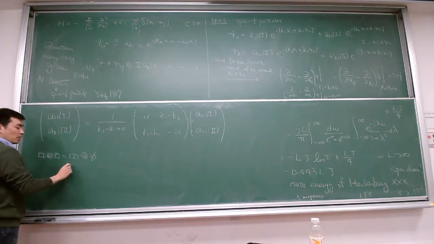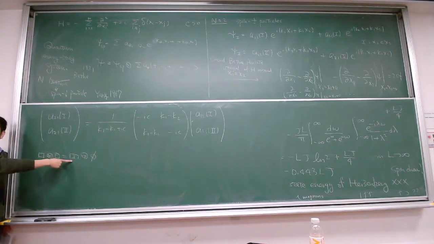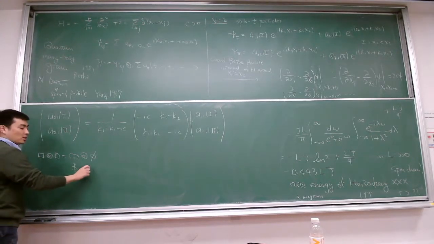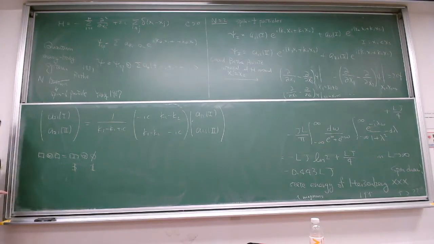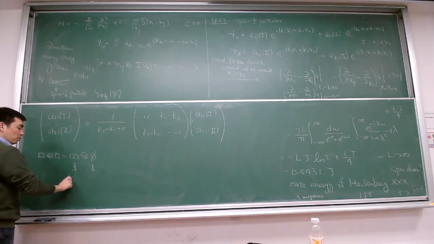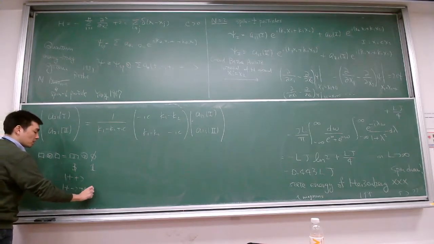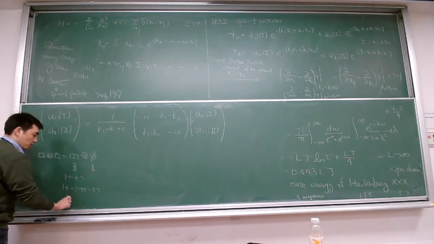So what is the dimension of this one? 3. It's sometimes called the triplet, and this one has dimension 1. The basis is plus-plus, plus-minus plus minus-plus, and minus-minus.